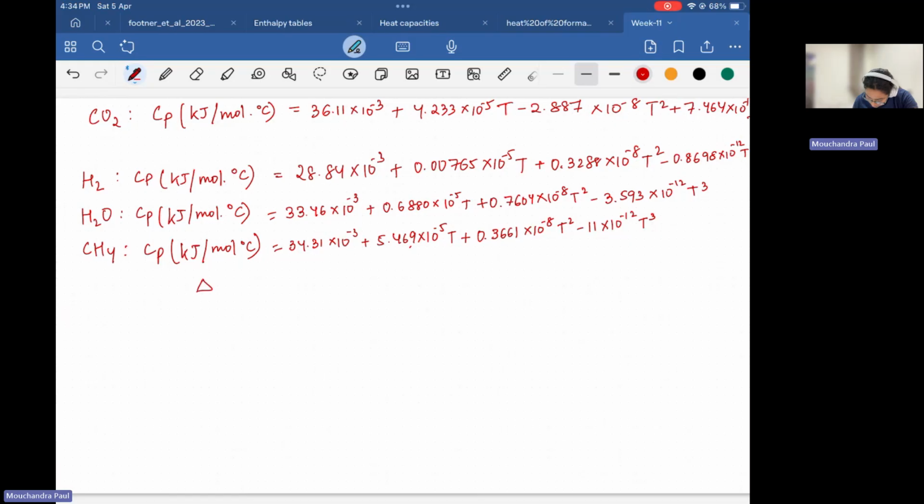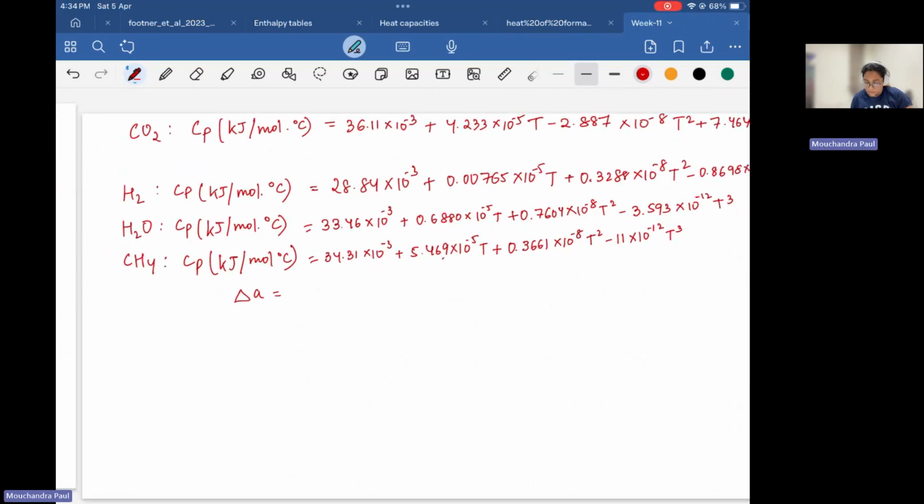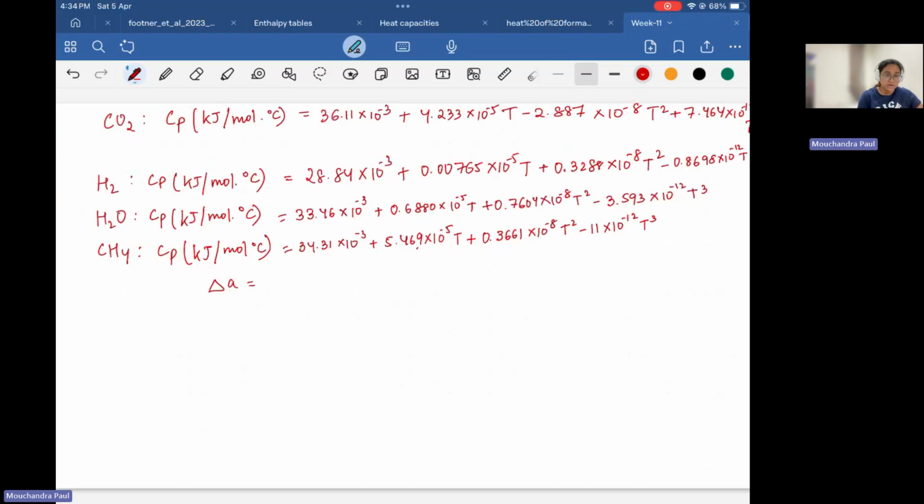So we can calculate delta A to be the addition of these terms. Here delta A will be calculated in the same way as you calculate delta H. So delta A, or delta alpha, will be for the product and then the reactant side.